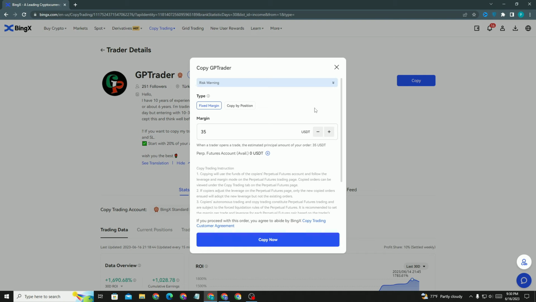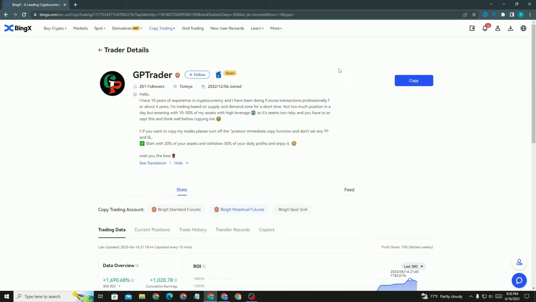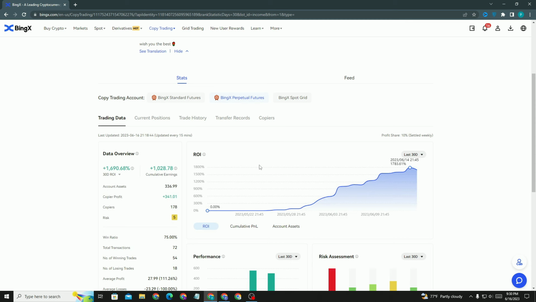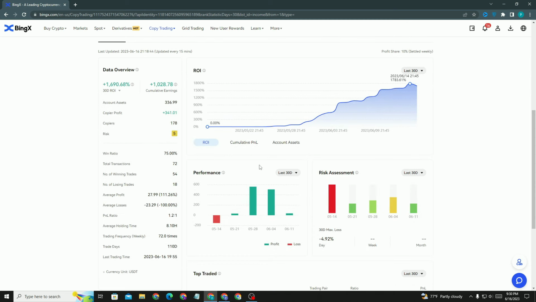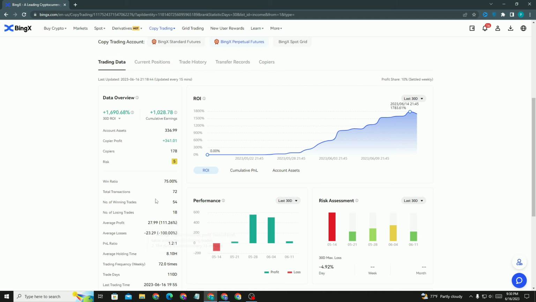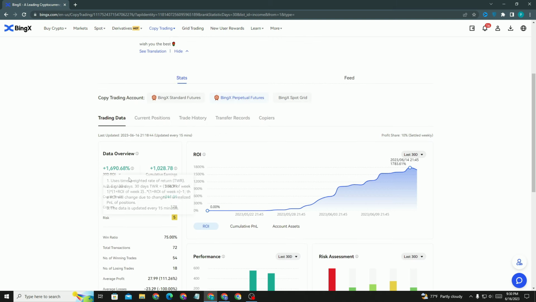If you deposit the money, you can copy. I think this is a good trader, because he has the performance. You can also see the profit is much higher than the loss. So this person is in profit, so you can trust this person and start copying, at your own risk.